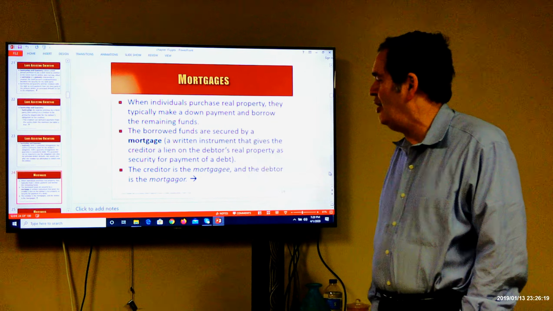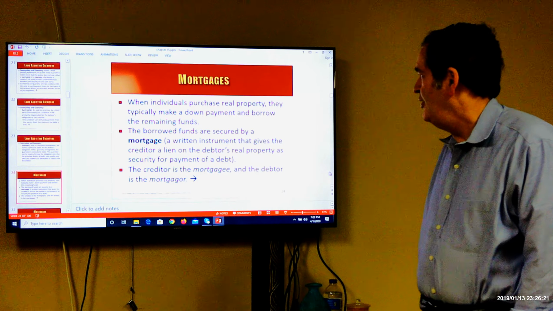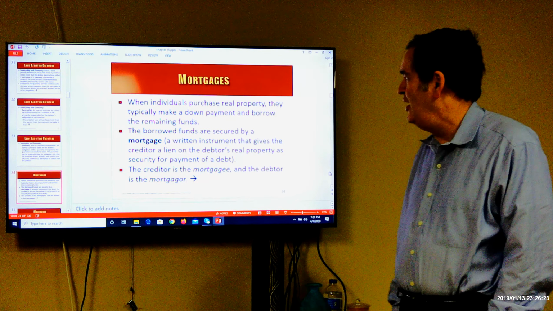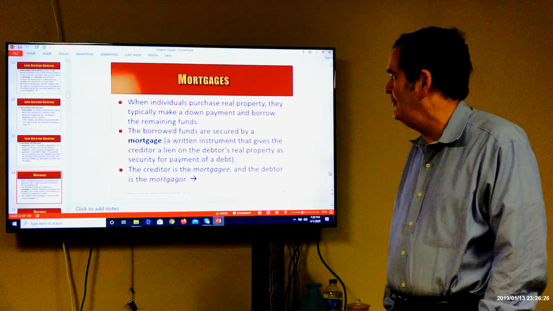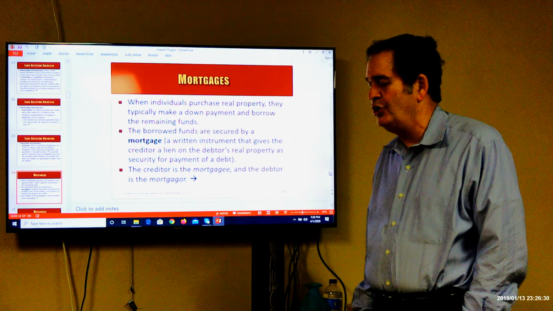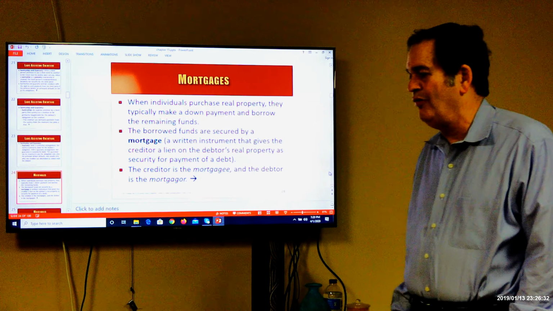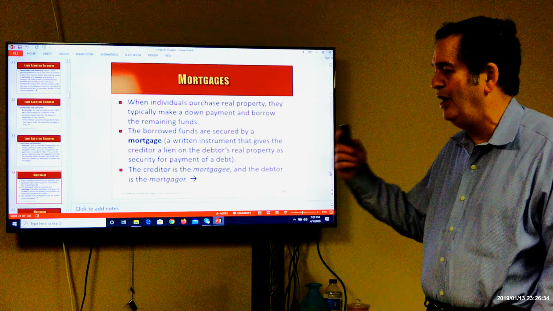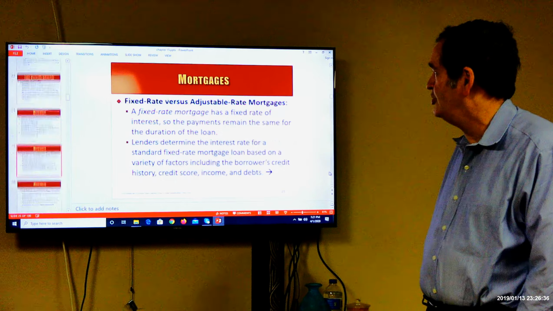And the mortgage itself is a written instrument that is a contract that shows the lien on the debtor's real property as security for payment and all the other nuances of a mortgage.